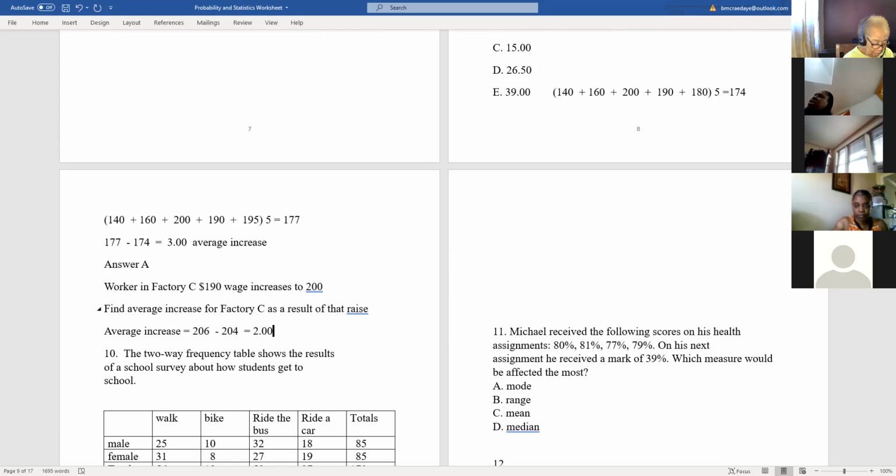What did you get for your average before the increase?